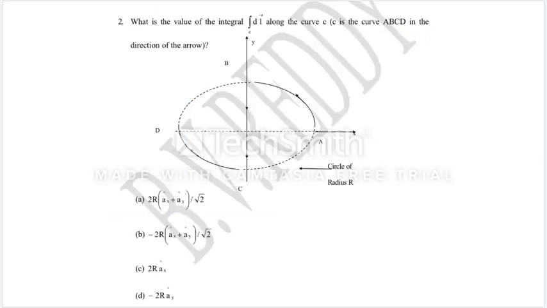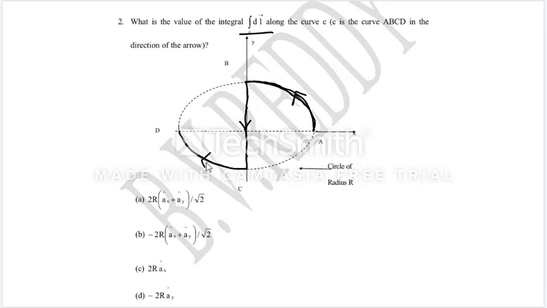Next problem. The value of the line integral of dl along the curve C. They have given the curve C like this.